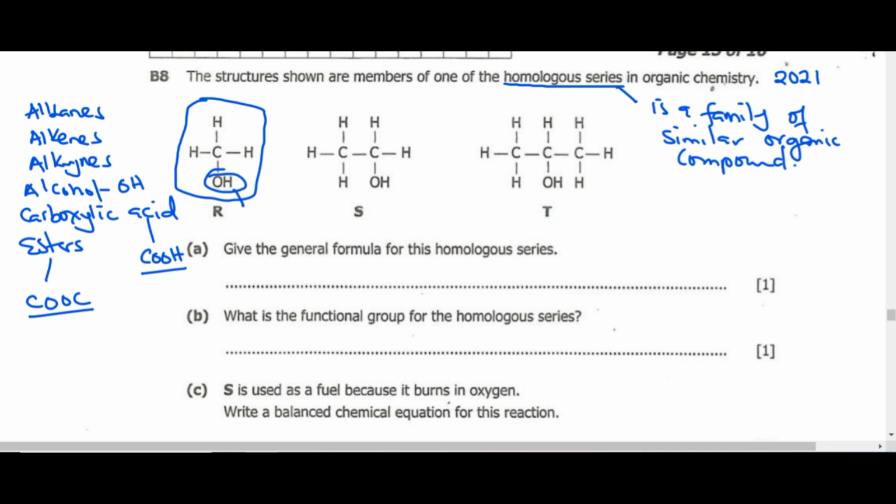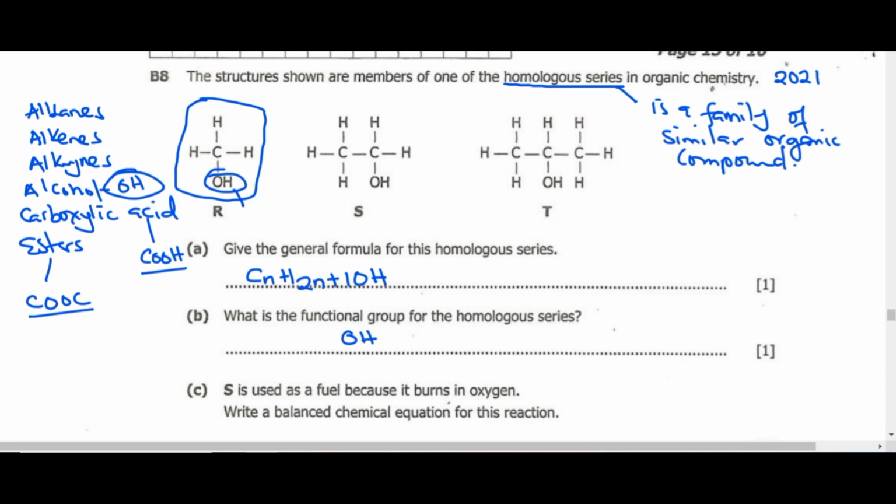So the general formula is CnH2n+1OH. That is the general formula for this homologous series. And what is the functional group for the homologous series? The functional group is hydroxide, as I have stated here.